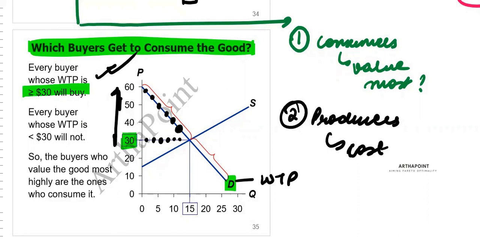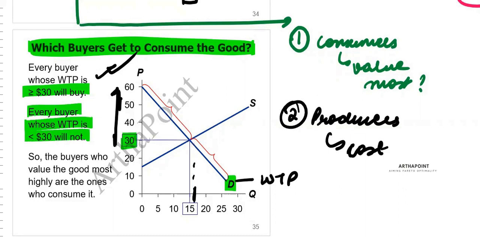Good enough. Any buyer whose willingness to pay is less than 30, like for example here, is not buying the product. The quantity sold is not more than 15. Only 15 people are buying the product. So every buyer whose willingness to pay is less than 30 will not buy the product because the price of the product is 30.